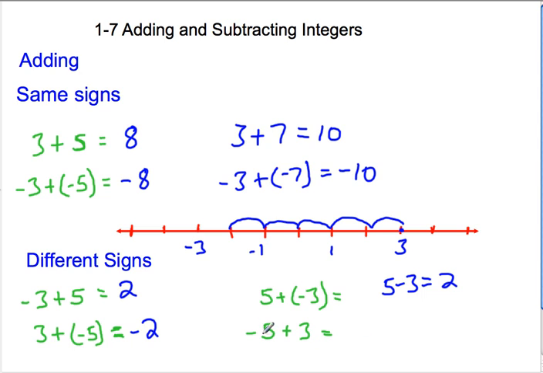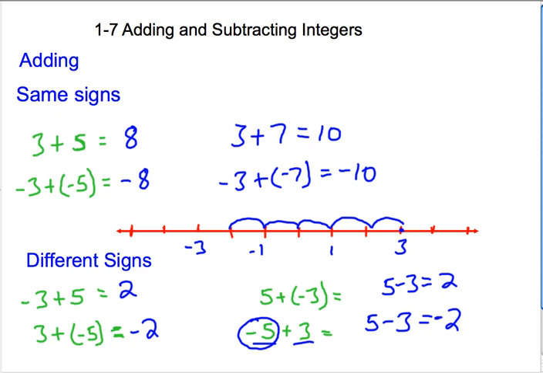Whereas this one, you take the absolute value, which is 5, same thing with the 3, so 5 minus 3, and you're going to get 2. Except in this one, the biggest number was negative. So the answer is going to be negative 2 because it starts farther away from 0. So adding 3 doesn't quite make it back to 0. You're still 2 on the negative side.